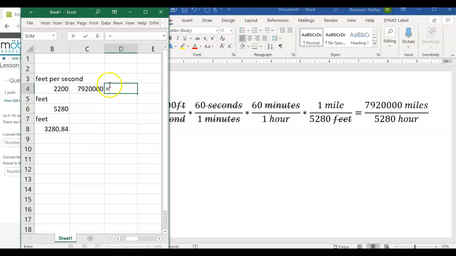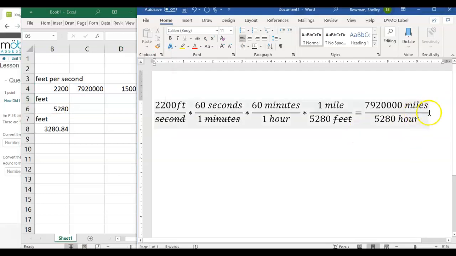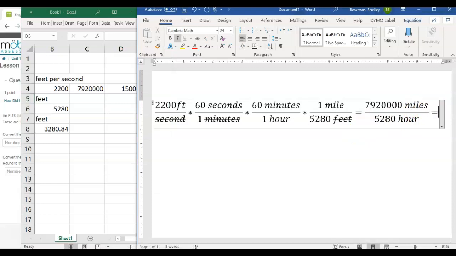So we'll do equals 7,920,000 divided by 5,280. Press enter, and we get 1,500 miles per hour.